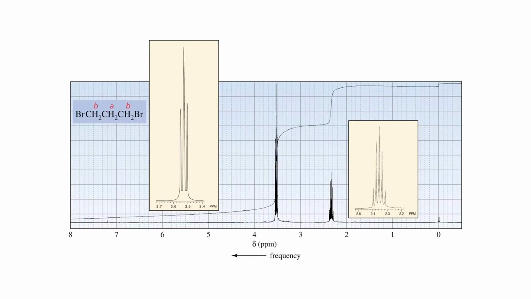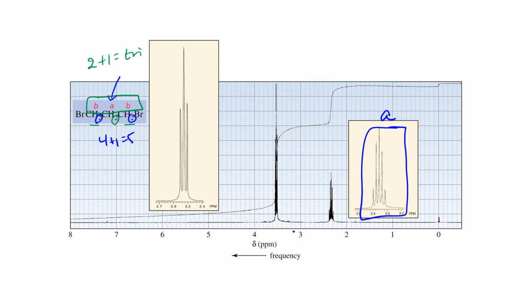Here's another situation that you can encounter. You have an A-B system here with the two on the ends actually being identical. Protons A in the middle are going to be split into 1, 2, 3, 4 plus 1 equals 5. So it's going to be split into a quintet, and that's what we see here. This is coming from the protons labeled A. B, on the other hand, is going to be split only by the two in the middle, so it's going to be split into a 2 plus 1, or a triplet.